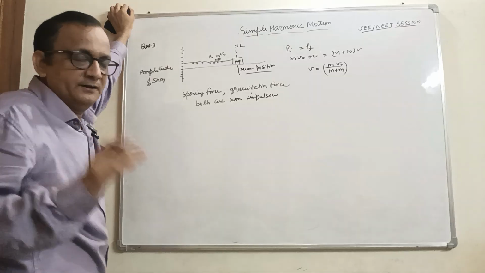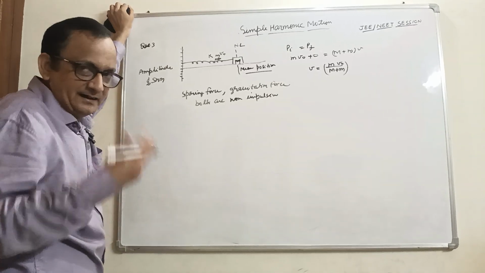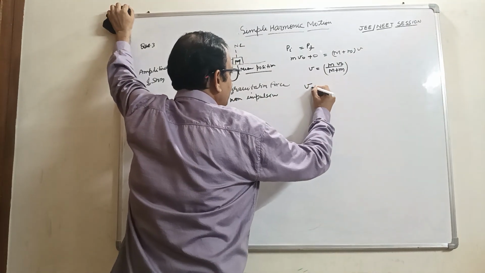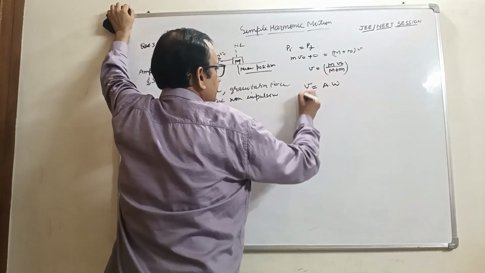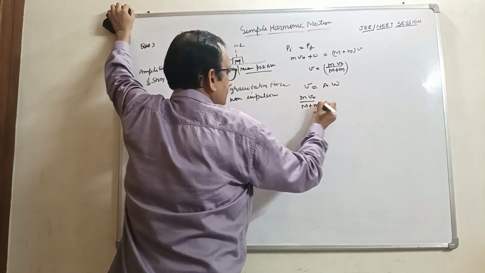We know that at the mean position the velocity of the SHM of the mass would be maximum, so velocity would be A times omega. So the velocity is mv naught upon (M plus m), equal to A omega.